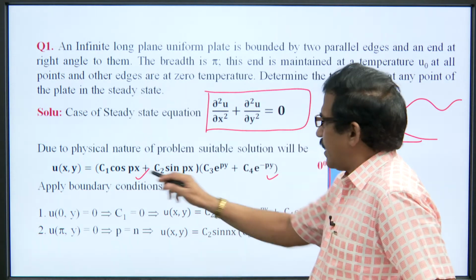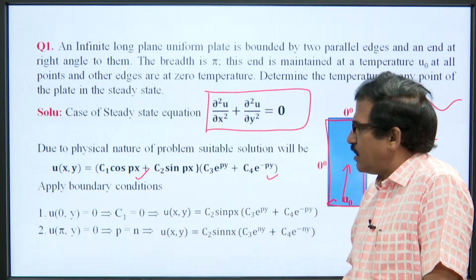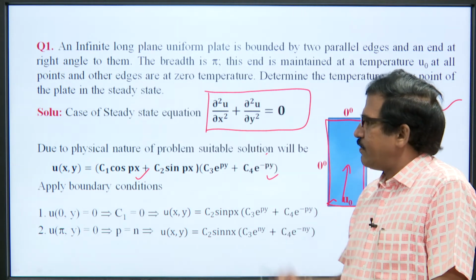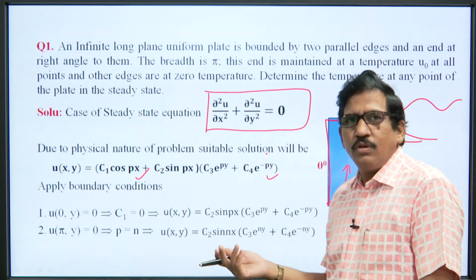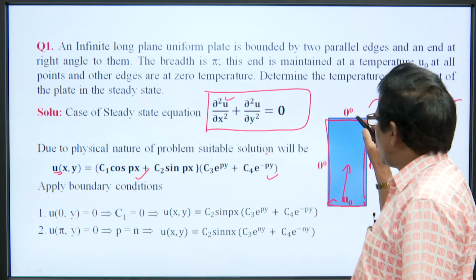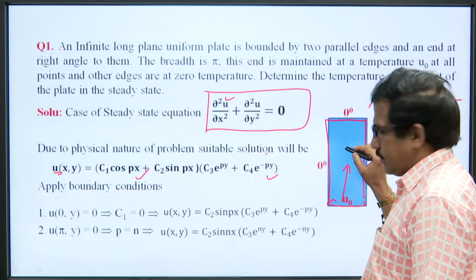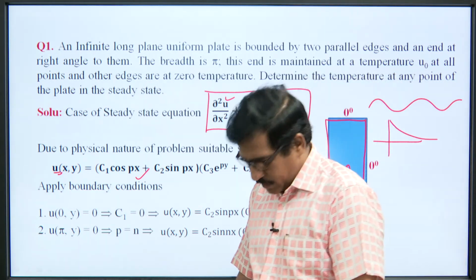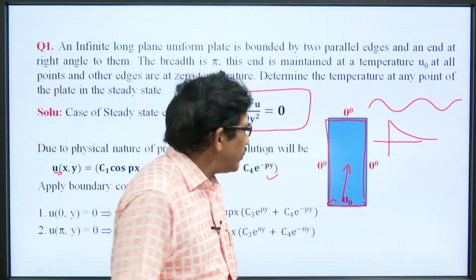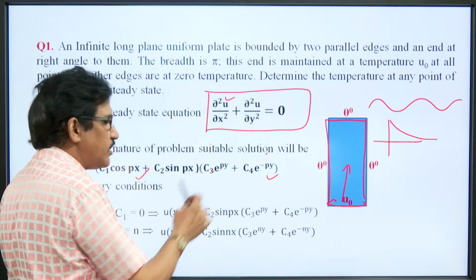In this particular question, we assume that this would be the solution of the given differential equation, where u is the temperature of this plate at any point. Now, what is unsolved over here? C1, C2, C3 and C4 are unsolved.